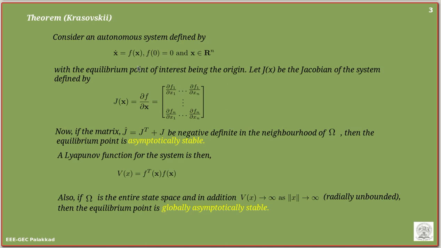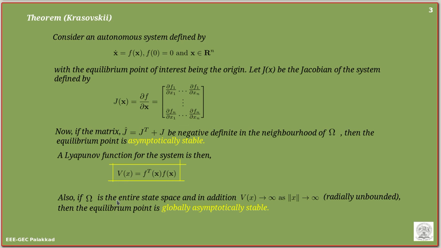In that case, we have the Lyapunov function. That means we have been trying to generate a suitable Lyapunov function for the system. We assume this is a Lyapunov function, and then we went on finding V dot. From V dot we got this relation. So we have a suitable Lyapunov candidate for the system: V of x as f transpose of x into f of x.